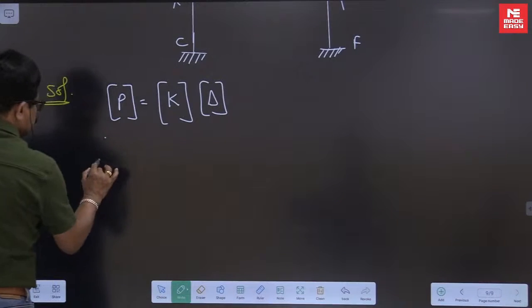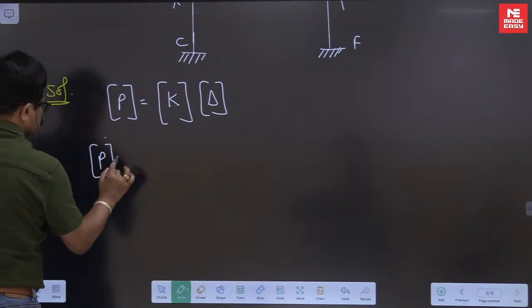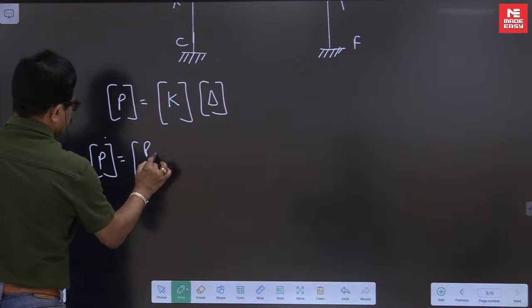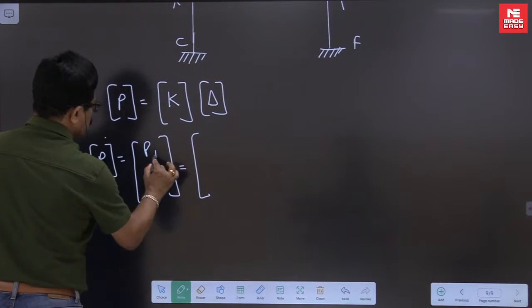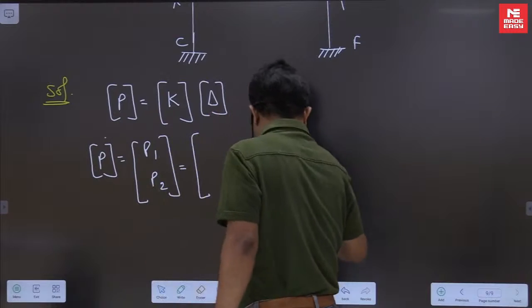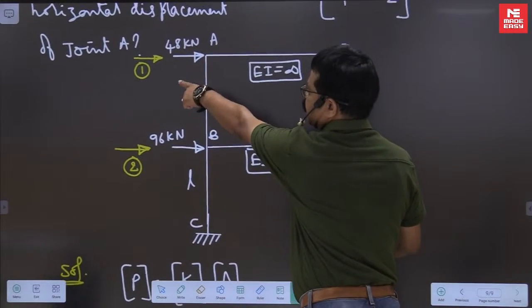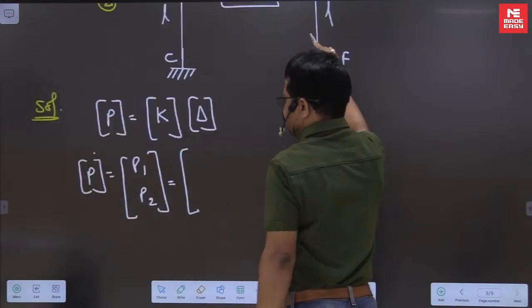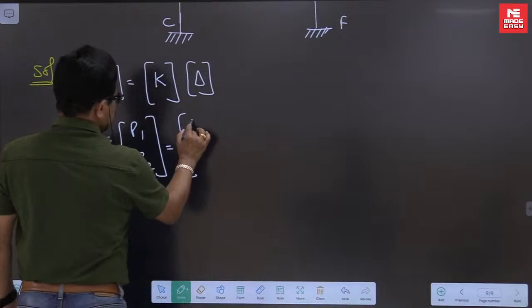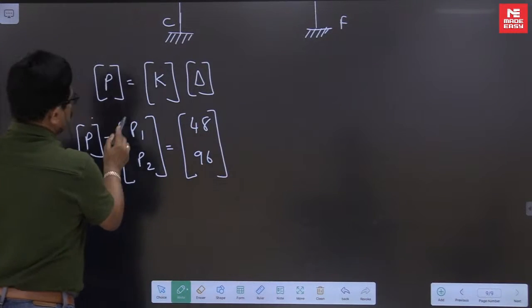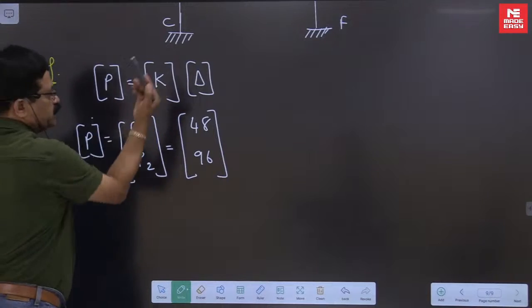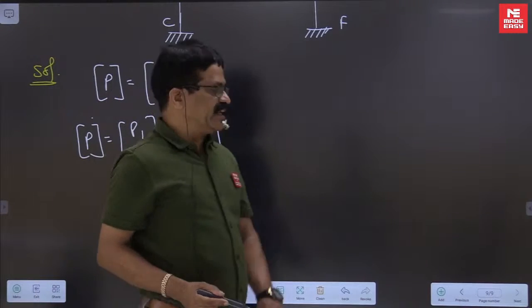Now P means P1 and P2, forces applied at the coordinates 1 and 2. P1 we have applied, see here, how much is P1? Coordinate 1, 48, this is 96. K also he has given, so you have to find only delta. Time is 2 minutes.